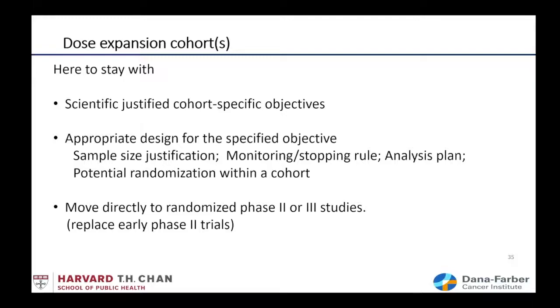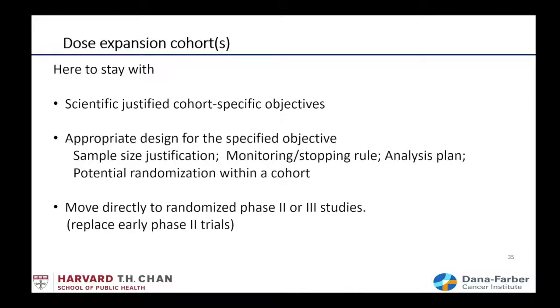Of course, they have to have scientifically justified cohort-specific objectives, then an appropriate design for the specific objectives. For example, if you use a phase 2 sample size for the expansion cohort, then it has to have a phase 2 objective and phase 2 design: sample size justification, monitoring rules, analysis plans.